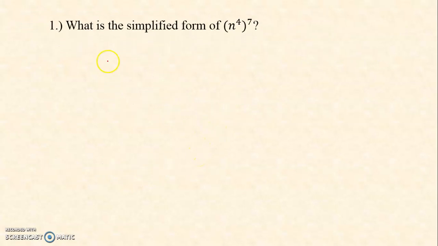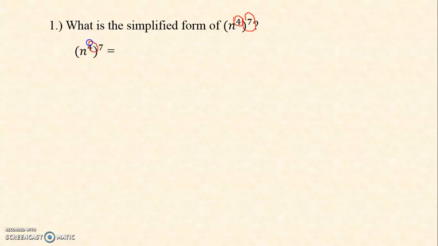Okay? Next, we have here, what is the simplified form of (n^4)^7? The exponent of n here is 4, and it is being raised to another exponent, which is 7.